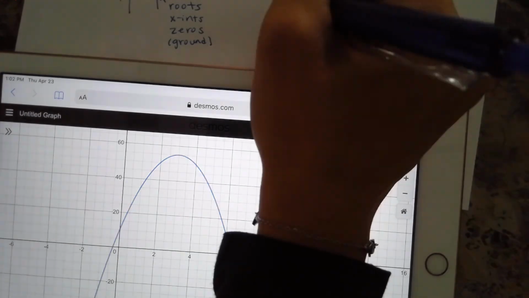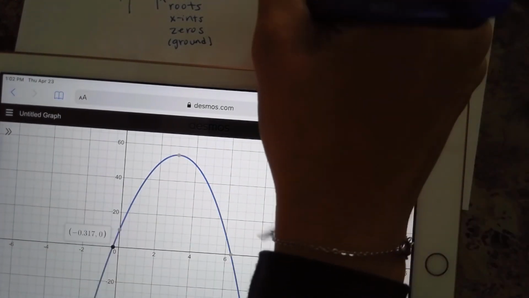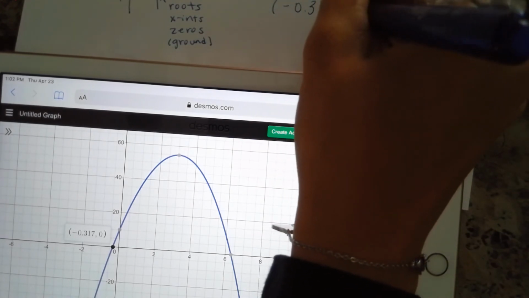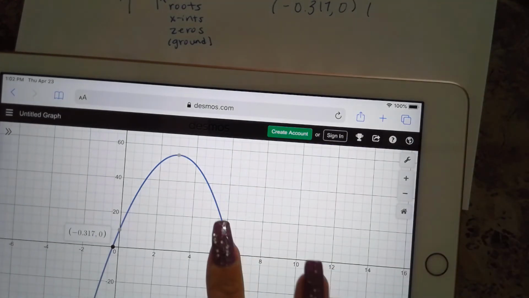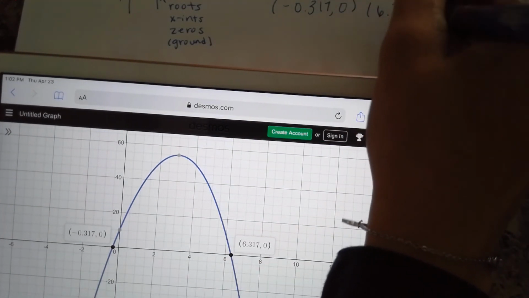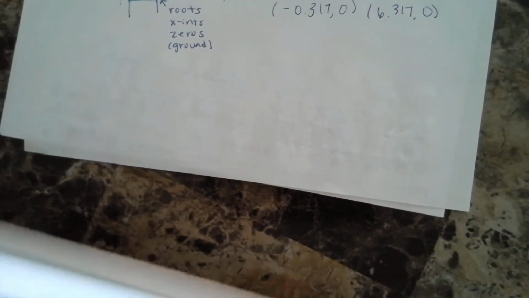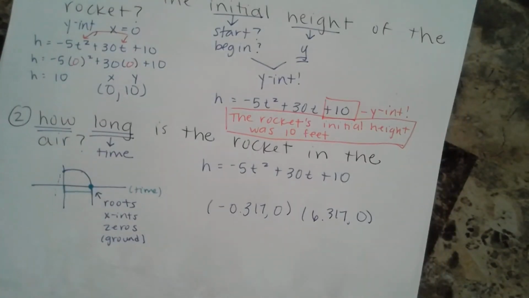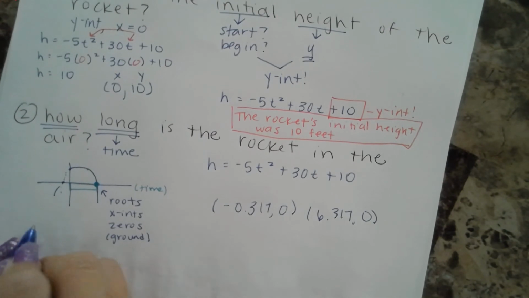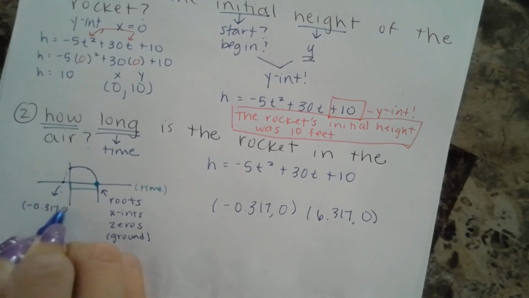So our x-intercepts are negative 0.3170 and 6.3170. I just wrote them down real quick. We'll come back to Desmos in a second. This root right here is our negative 0.317, 0 point.